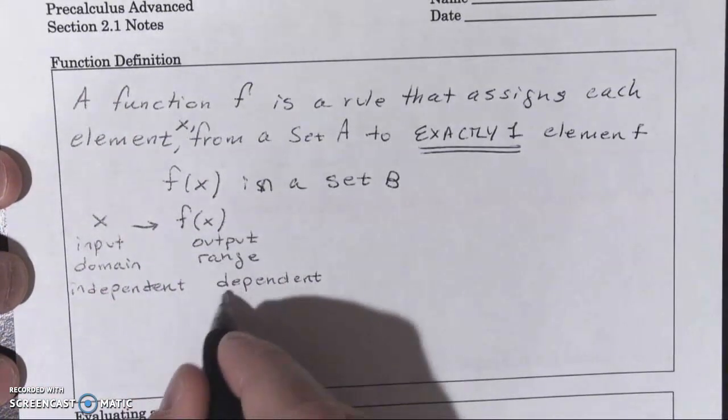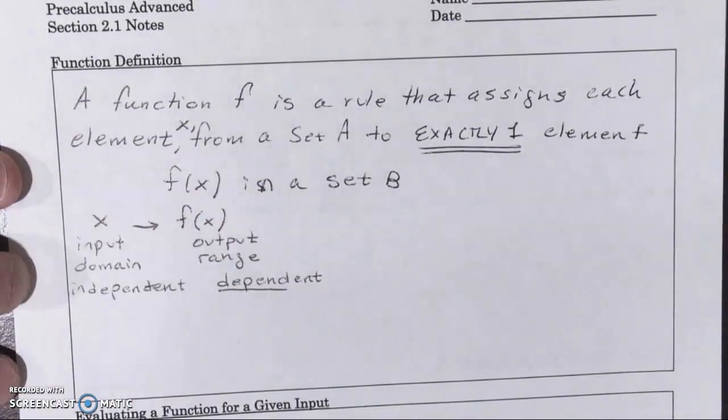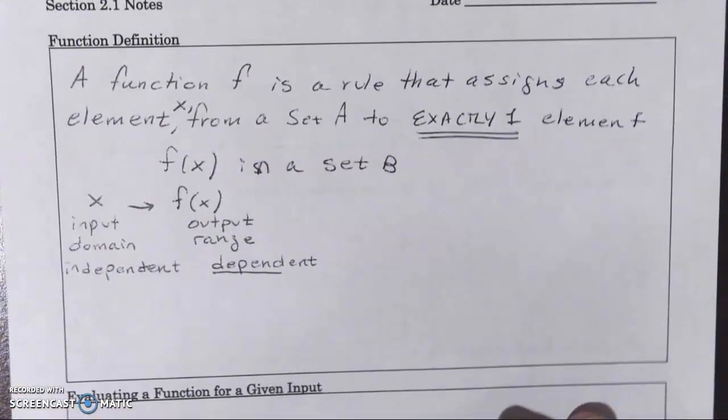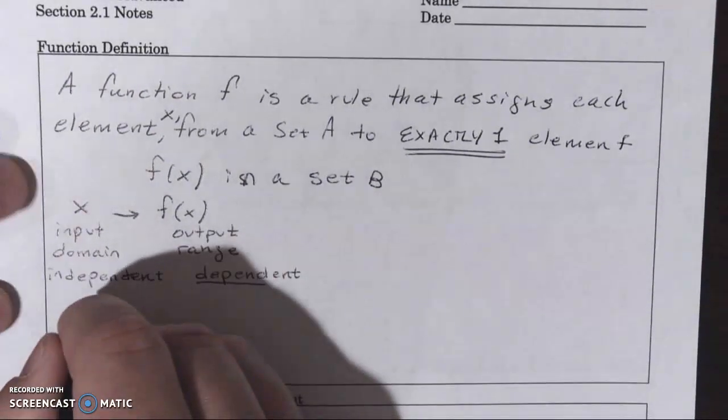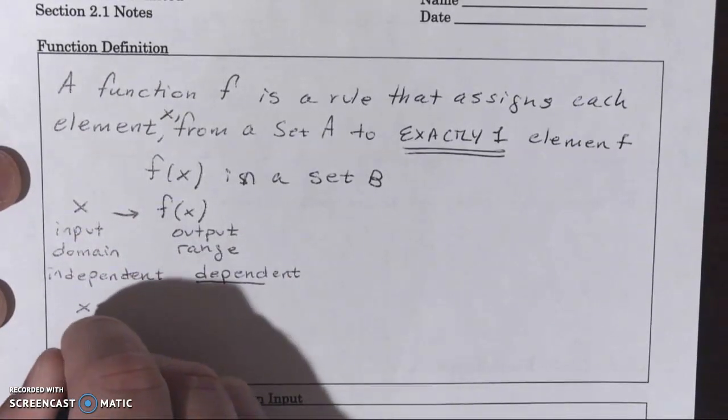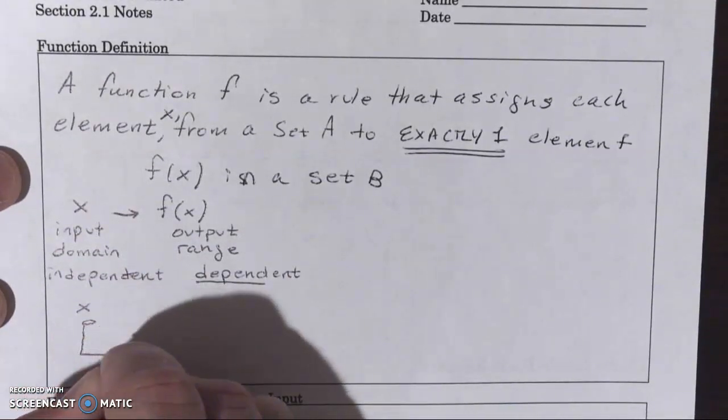The f of x depends on what the x is. It's basically waiting to know what the x is so we could figure out what the f of x is. That's that independent, dependent.